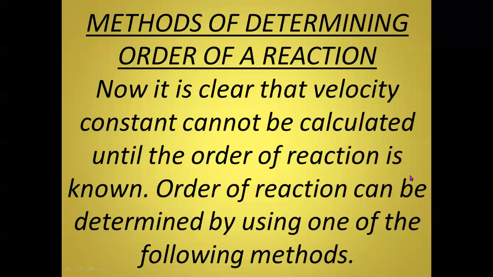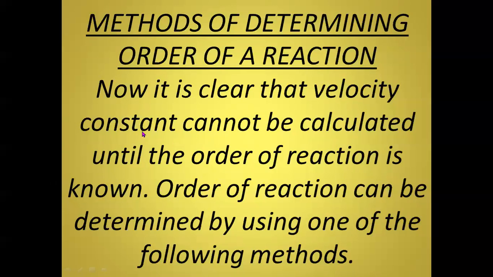Now, let us consider the methods to determine the order of reaction. There are different methods by which we can determine the order of reaction. Now, it is clear that velocity constant cannot be calculated until the order of reaction is known.